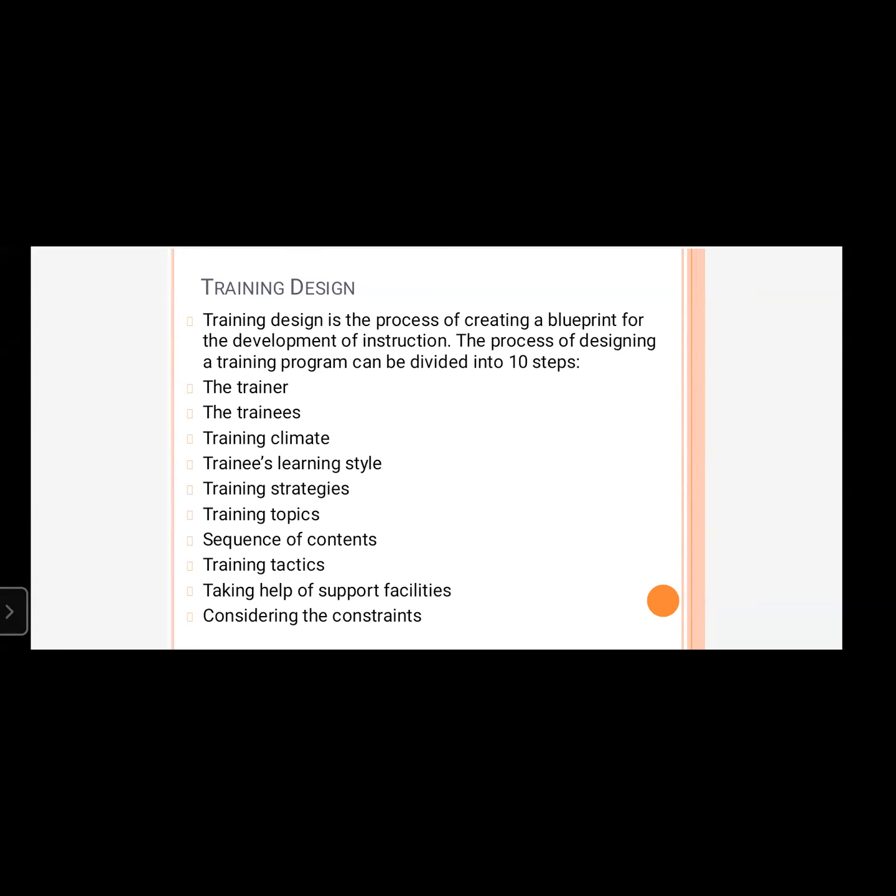So the end result will not be the desired result for the organization. The desired result was that after the implementation of this training program, the efficiency of the employees will increase. That was the desired result.